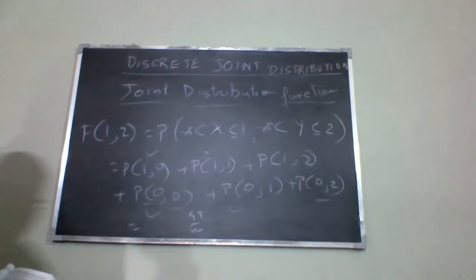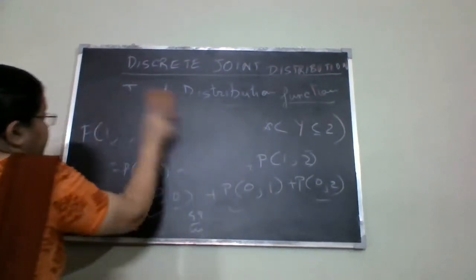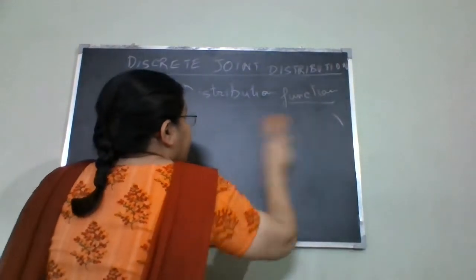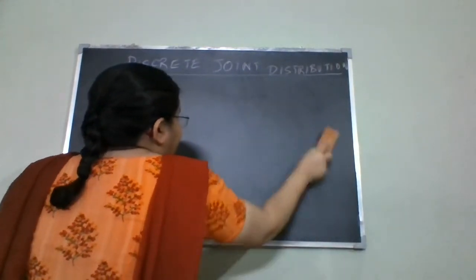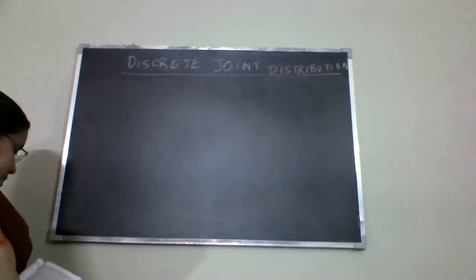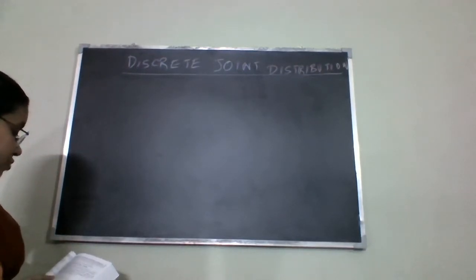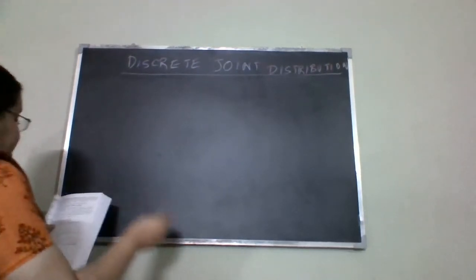Now, there is a theorem. You just have to remember this theorem; there is no proof required. What this theorem states is that for any two independent random variables X and Y, the joint distribution function F(x,y) is equal to F_X(x) dot F_Y(y).